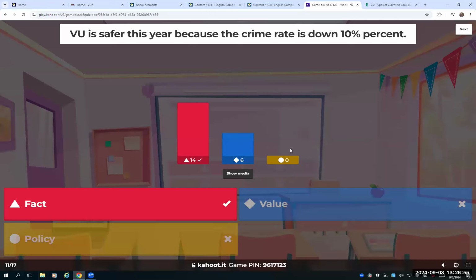It's telling us a percentage, which makes us, if we weren't to do the slow thinking, go, okay, yeah, that sounds right. We use safer because crime rate is down 10%. But it's not telling us where that 10% number came from. What do we classify as safe? What is actually safe? We're not defining that. What are they considering a crime? How are they defining crime? So that is a claim of fact.